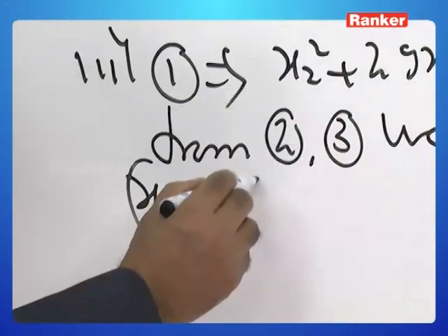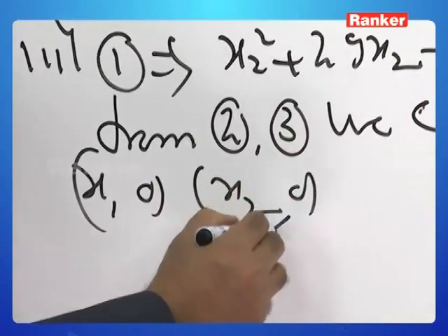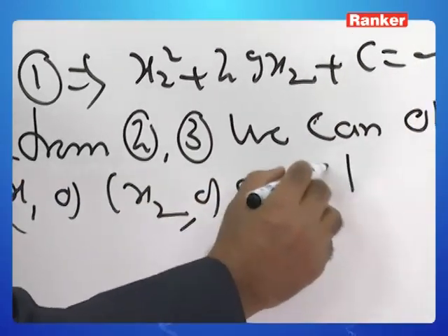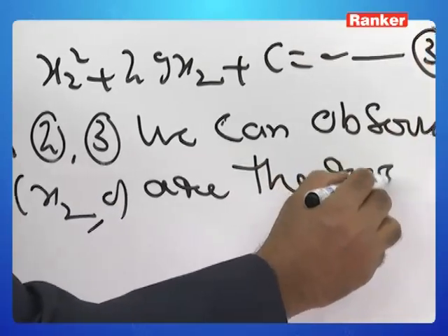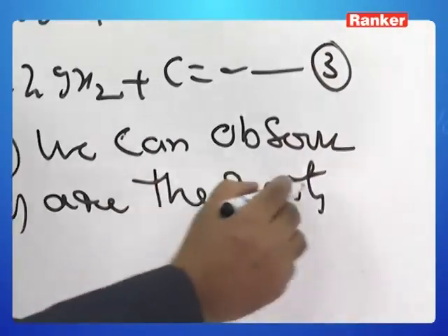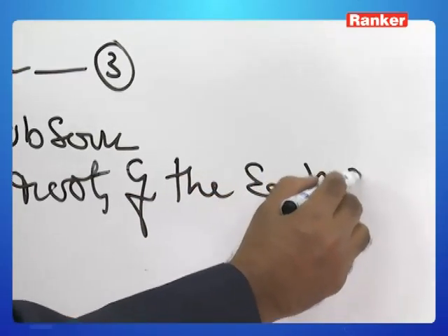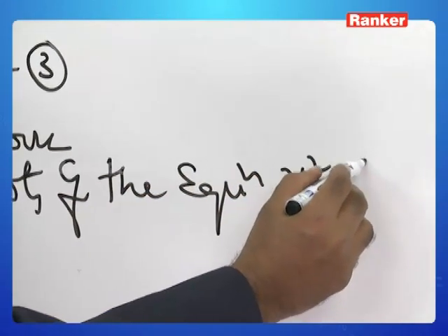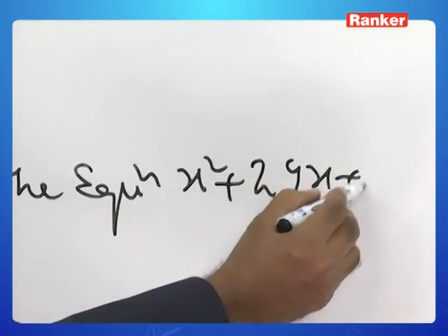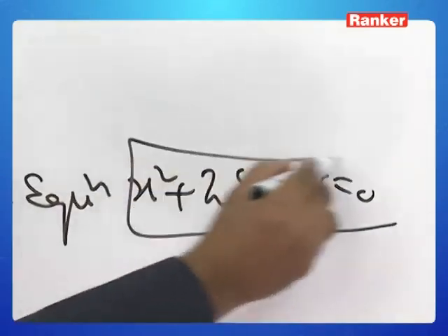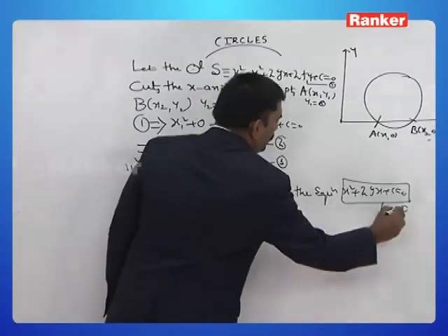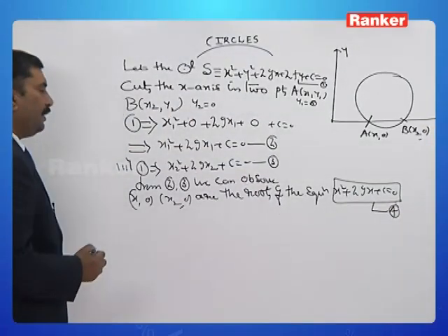that x1 and x2 are the roots of the equation x square plus 2gx plus c = 0. Call this 4.